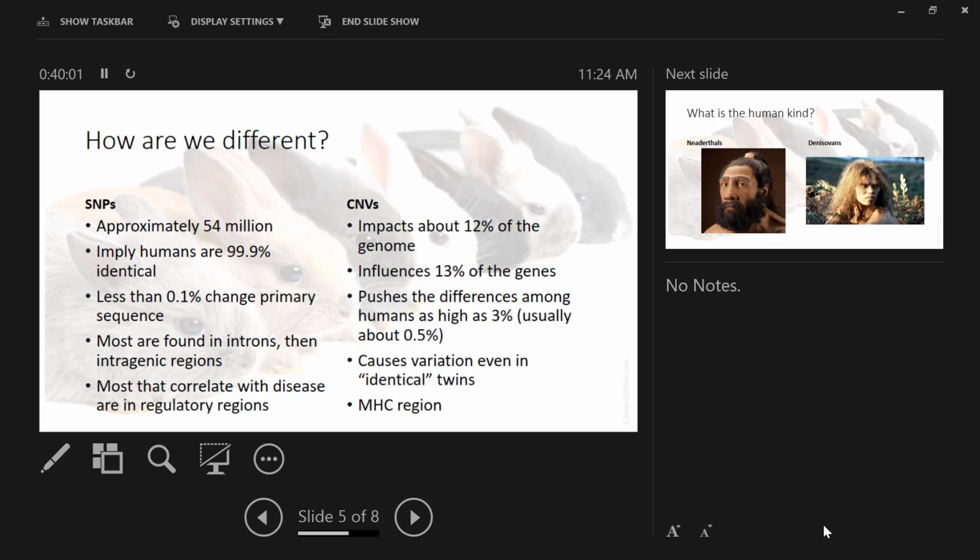But the interesting thing about this is keeping in mind that copy number variants change through the life of an individual. If you took stem cells from your umbilical cord at the time that you were born to save them for the chance that you might need to grow something from them, 45 years later, your cells are going to look different than they did at the time that you harvested those stem cells.